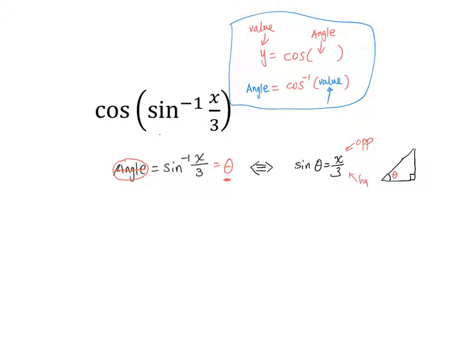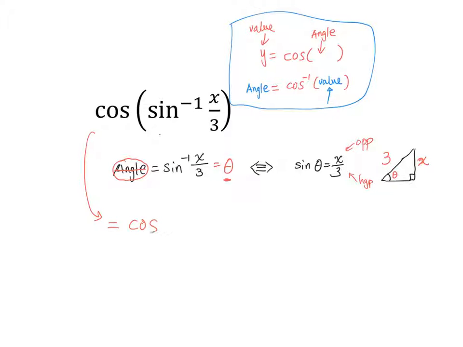So I'm going to assign my opposite as x and my hypotenuse is 3. So this is x, this is 3. I'm sorry, I wrote it wrong. This is 3.